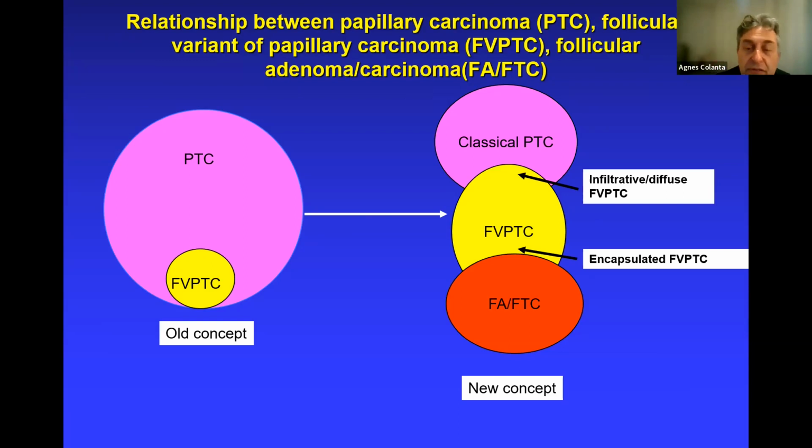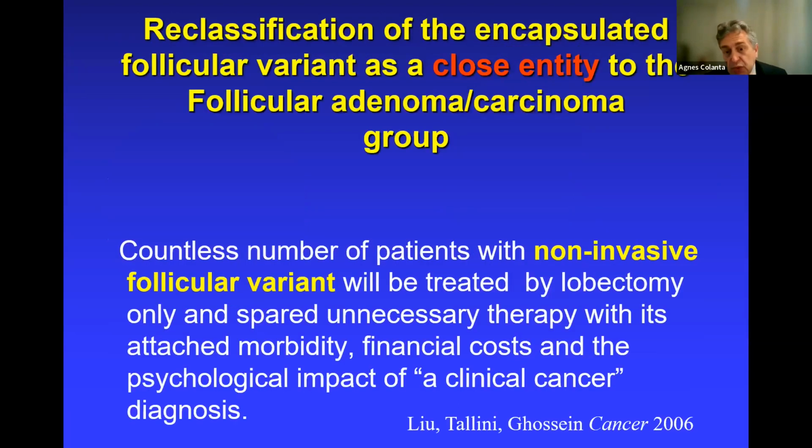The infiltrative follicular variant is much closer to classical papillary carcinoma. Actually, in 2006, when we did this paper with Giovanni, we thought that maybe this entity should be reclassified as close to the follicular adenoma-carcinoma group of tumors.